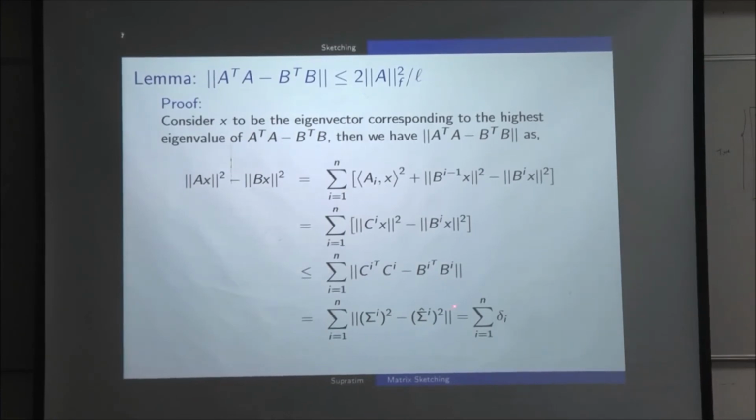Since we were deleting delta_i every time, this will give us the sum over all the delta_i's that we had deleted in our shrink operation. Is this clear?